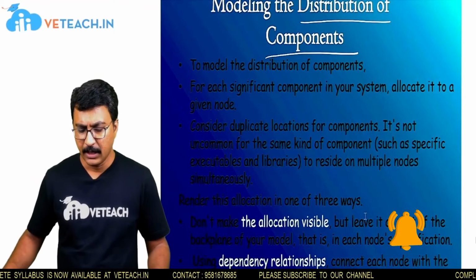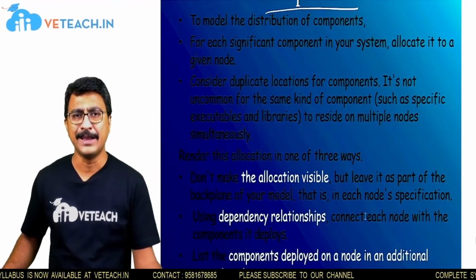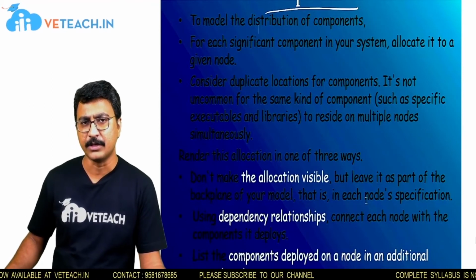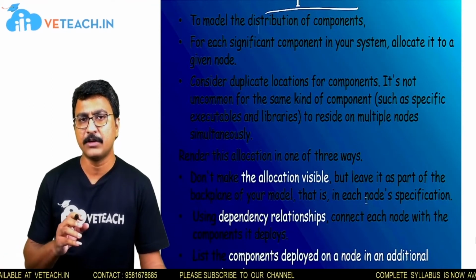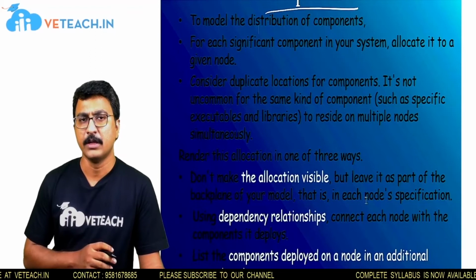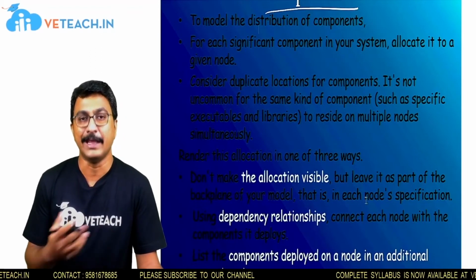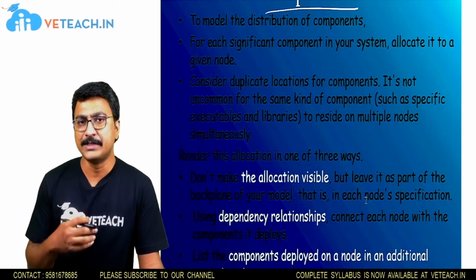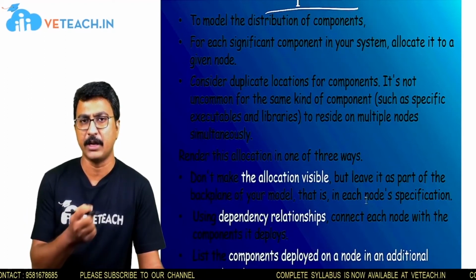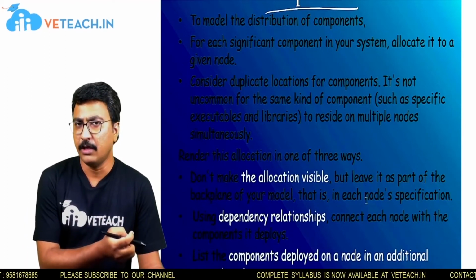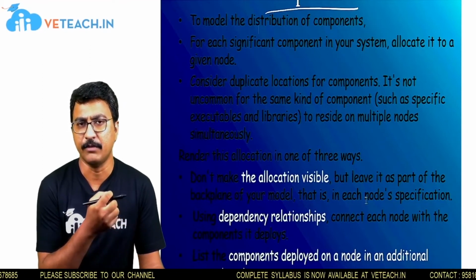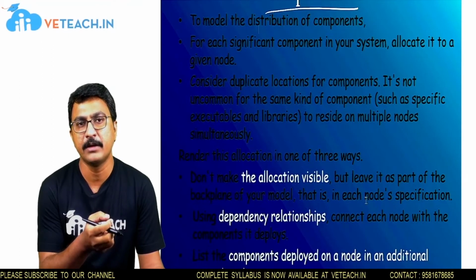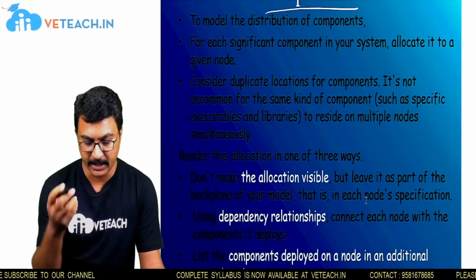Physically, when components are being created, identify those components that relate with each other without dependencies on where they are located. In such a case, they can be split anywhere, they can be distributed anywhere. But if they need to exist at a single location, they have to be collected into a single node. If they have no such restriction, then those components can be rendered at any of the nodes that I have.